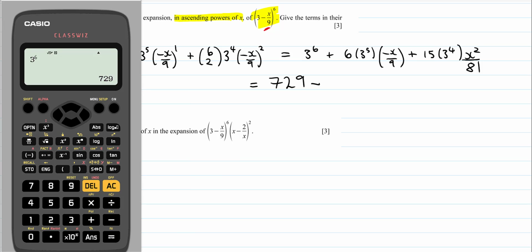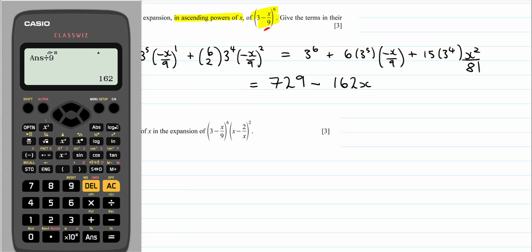We'll do 6 times 3 to the power of 5, which equals 1458, and divide that by 9, then we get 162. So we're going to get minus 162x.